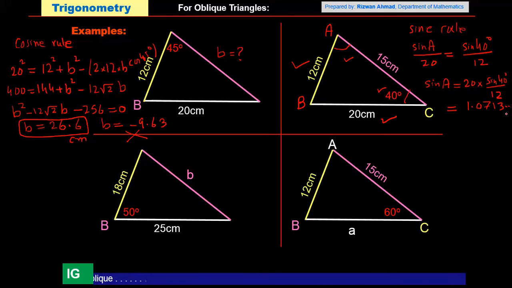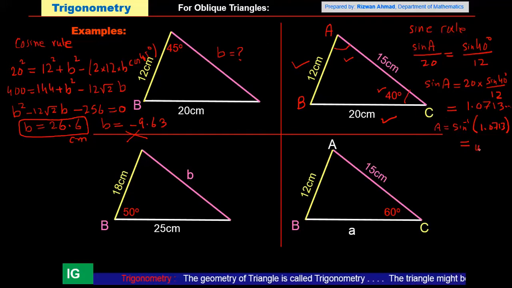So we got a value of sine of some angle equal to 1 point something, which is greater than 1, which is mathematically not possible, because the value of sine and cosine is always between -1 and 1. So if you use the calculator to find the angle A, which is sine inverse of 1.0713, you will get a maths error in the calculator. It means this is undefined.